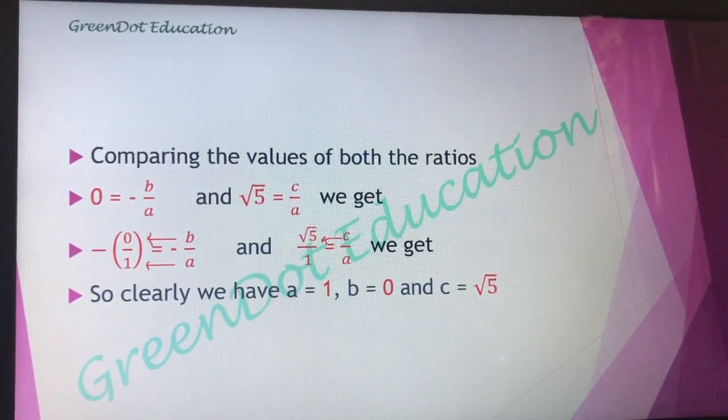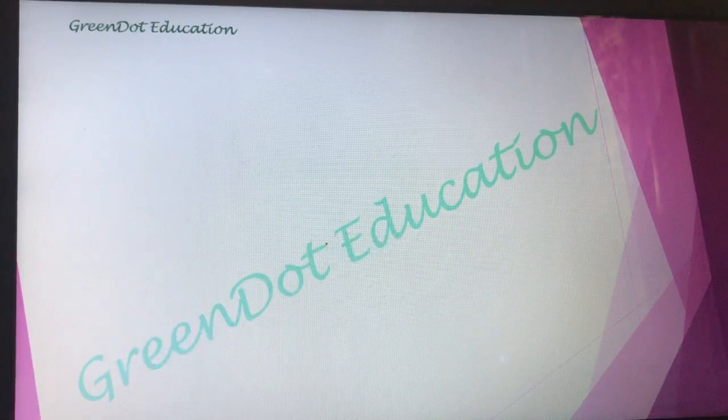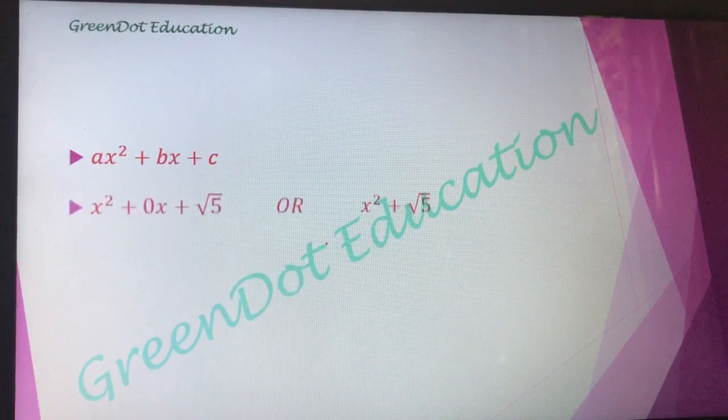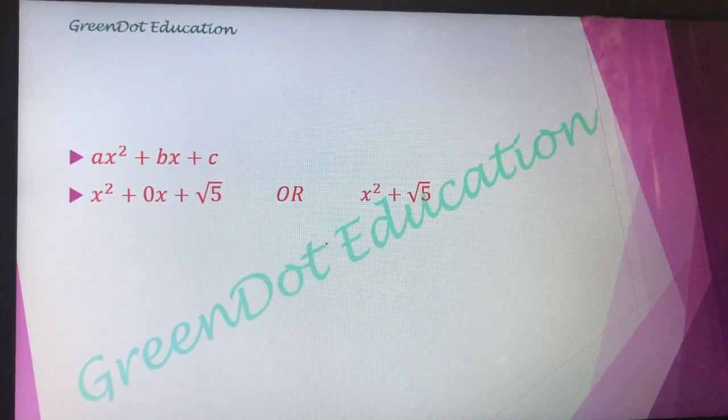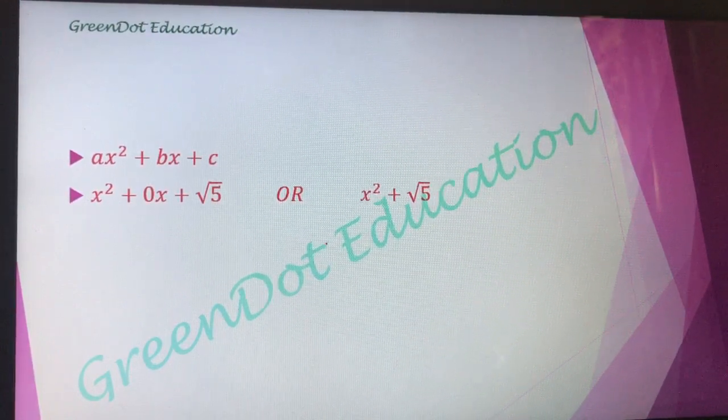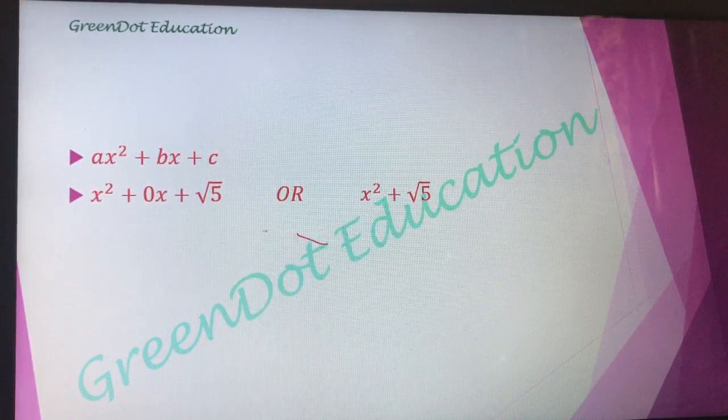So how does our quadratic polynomial take shape? Let's see. Substituting these values in the standard form ax square plus bx plus c, here the value of a is 1 and the value of b is 0, whereas the value of c is root 5.